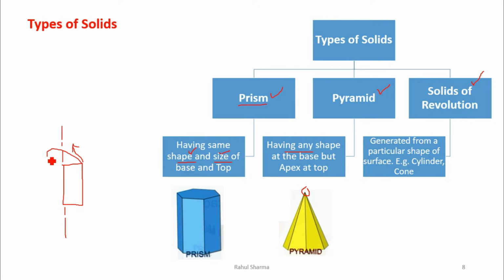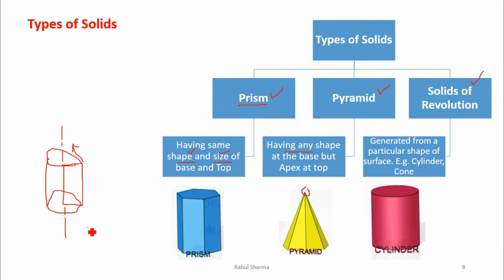Whenever I rotate it, the area swept by this surface will be circular in shape. So that is why we say it generates a cylinder. This is known as a solid of revolution. So a cylinder is generated from a rectangular surface.